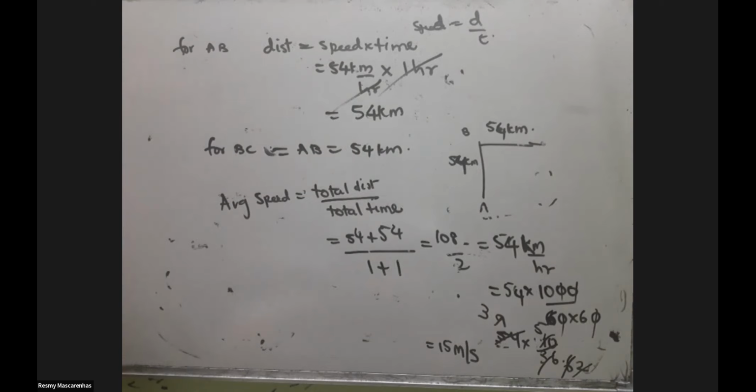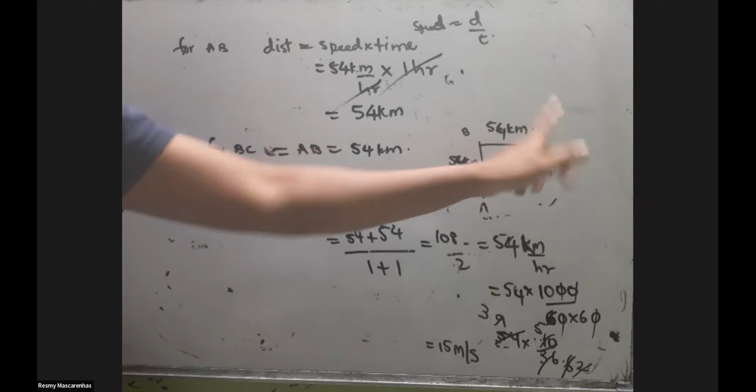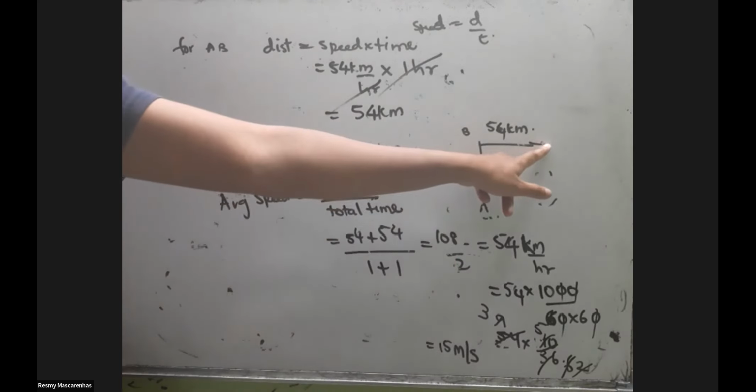If you want to calculate velocity, now look at the difference. For speed, you directly calculate your distance along the path from the starting point to the ending point.